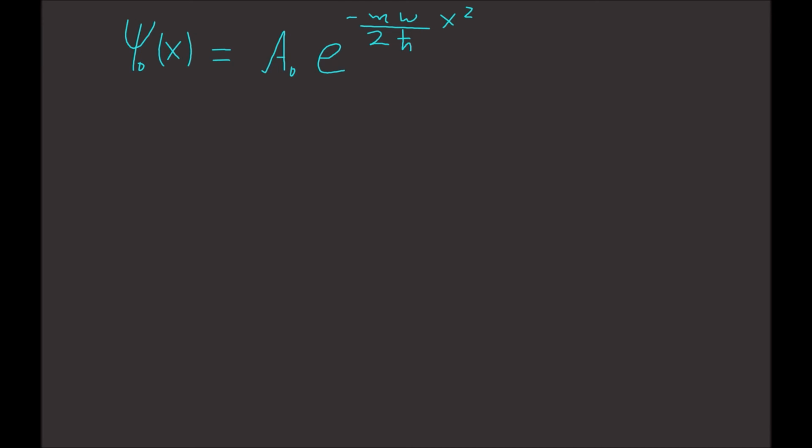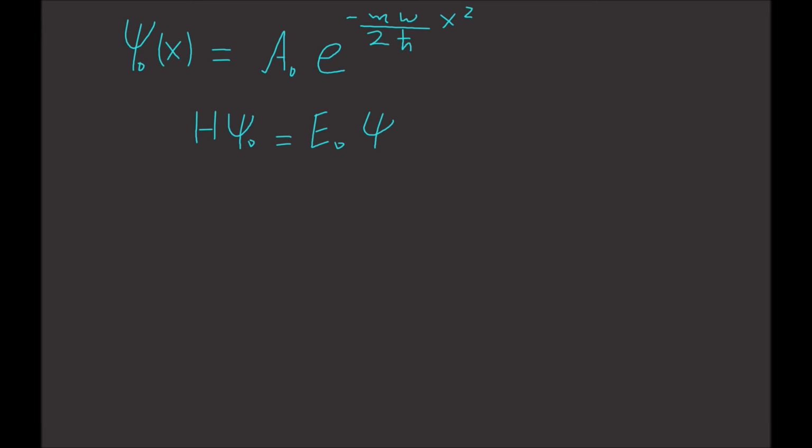There you have it. So now this is the solution for the Schrödinger equation with the harmonic oscillator. This is the initial wave function, okay? From this we can get the initial energy. So just operate H on psi naught, you should get some initial energy times psi naught, right?